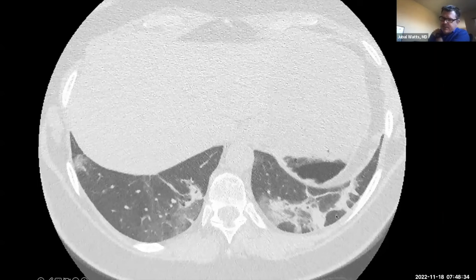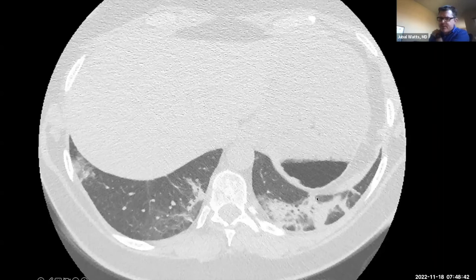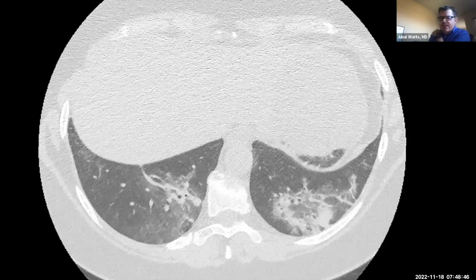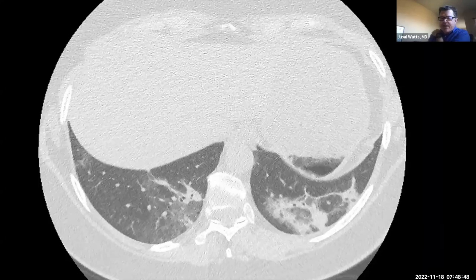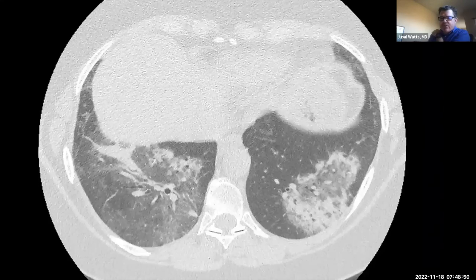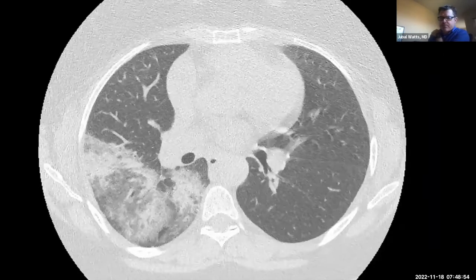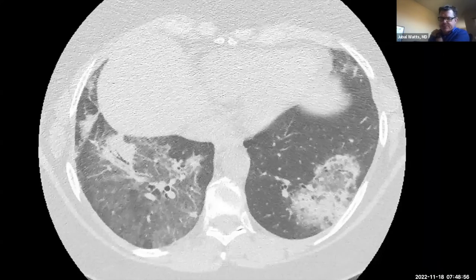Again, here's more of the same. Here's a secondary pulmonary lobule, and you see this perilobular consolidation. So the atoll reverse halo sign, perilobular consolidation, and band-like consolidation are all manifestations of organizing pneumonia that are uncommon in bacterial infections.